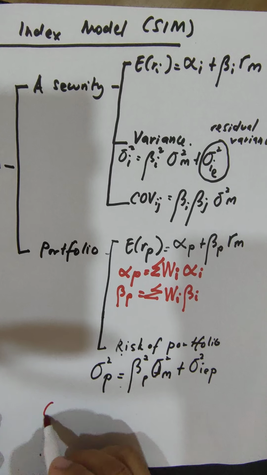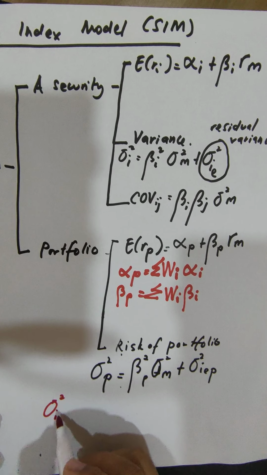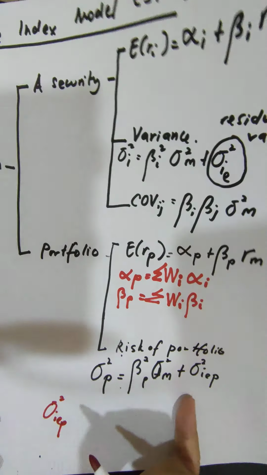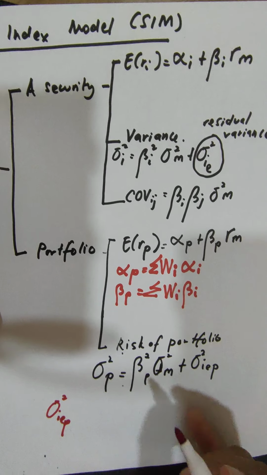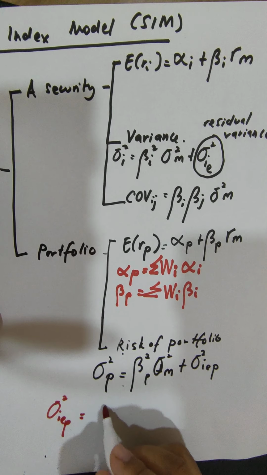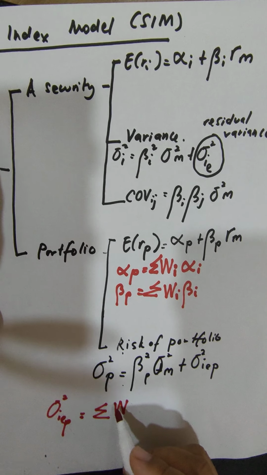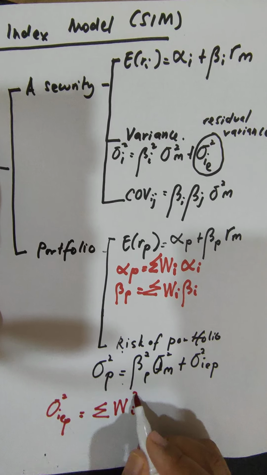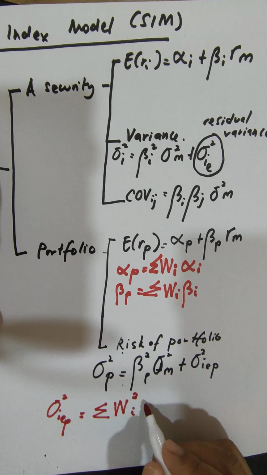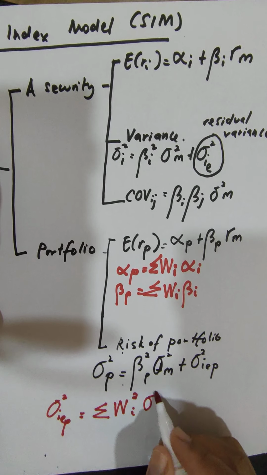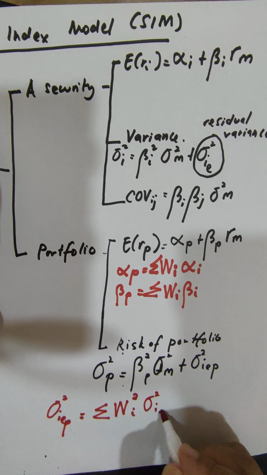In order to get the residual variance on the portfolio, it would be the summation of the weightage of each asset, power of 2, multiplied with the residual variance of that particular asset.